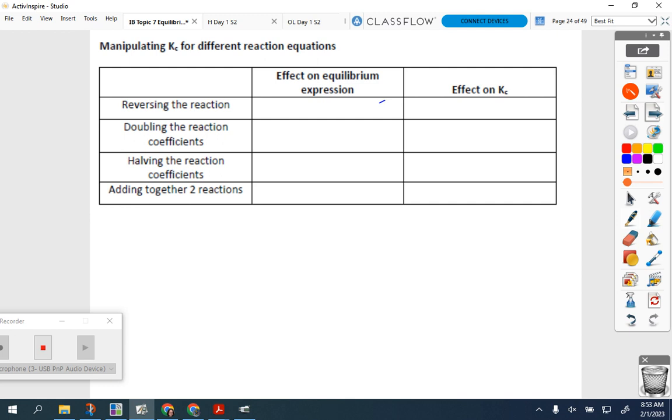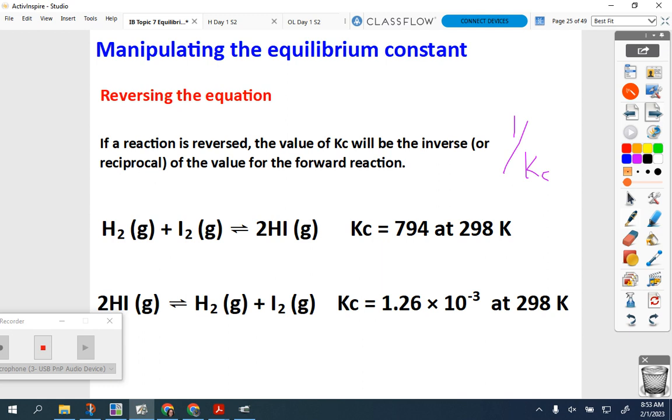All right, so if we are looking at the reverse equation, if we have Kc for the forward reaction but we want Kc for the reverse reaction, we're going to take the reciprocal, the inverse of that. So we put 1 divided by our original Kc. If the Kc for my forward reaction under certain conditions is 794, then if you're asked what is the Kc of the reverse reaction, you just take 1 divided by 794, and you end up with a much smaller number.